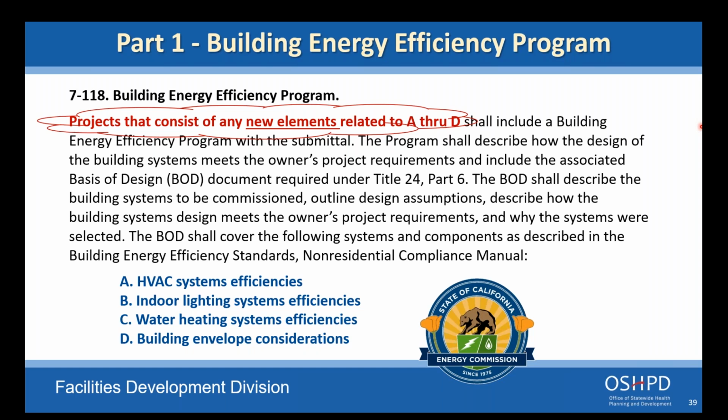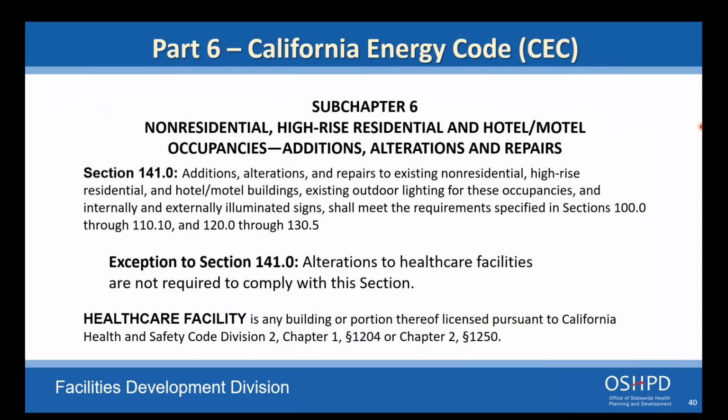If any of these things are going in new, they are required to meet the Energy Commission requirements, Part 6 of the building code. And we'll go through a little bit of examples on these as we go through. But I just want to emphasize this is new systems going in.